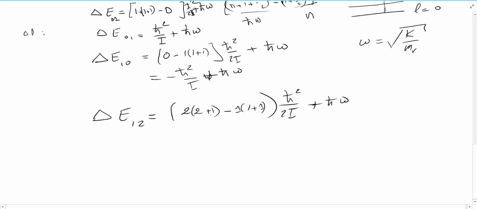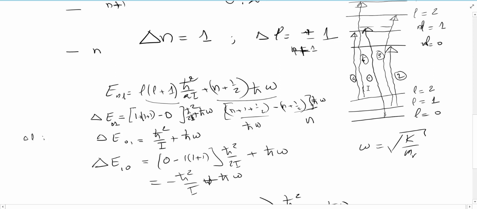This is 2 times 3, that's 6, minus 2, that's 4. 4 divided by 2, that's 2. So this is a positive ħ squared times 2 divided by I plus ħω. So far, this is the highest of the 3 of them. Let's look at another transition in here.